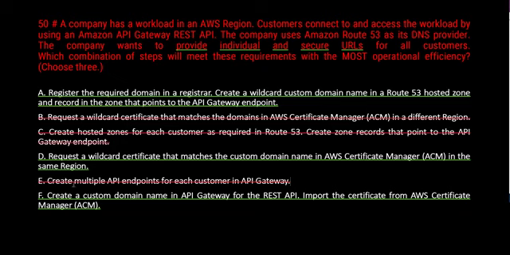So cross that out. Then this is left, which is creating the hosted zones for each. Again, it is for each customer, which doesn't make any sense. Again, it is not feasible. It is not the most operationally efficient at all. Okay, so that's why you have to go with A, D, and F, because the other 3 are mostly concentrating on creating for each customer. Okay, so that is that.